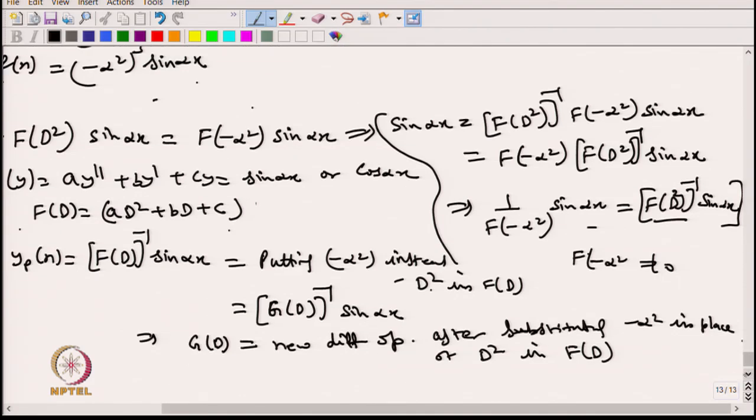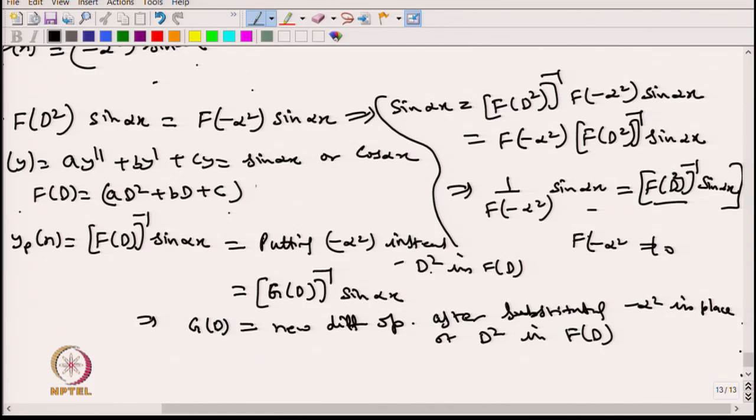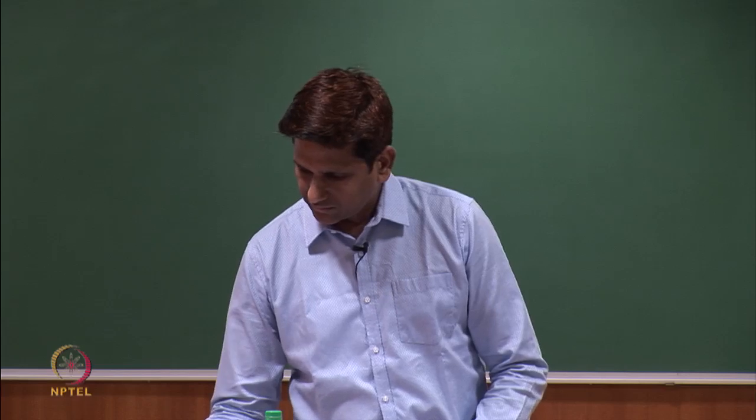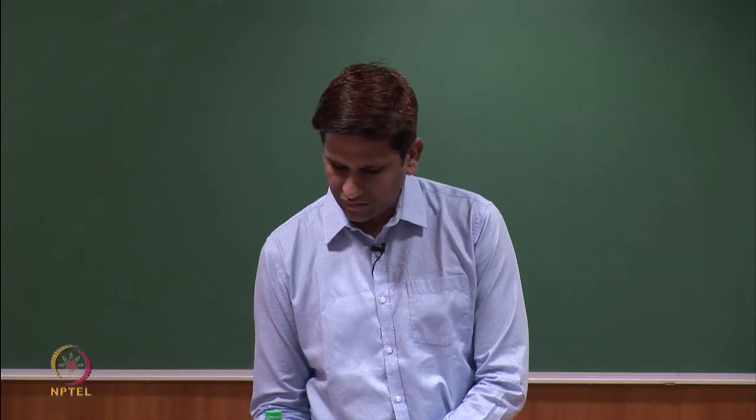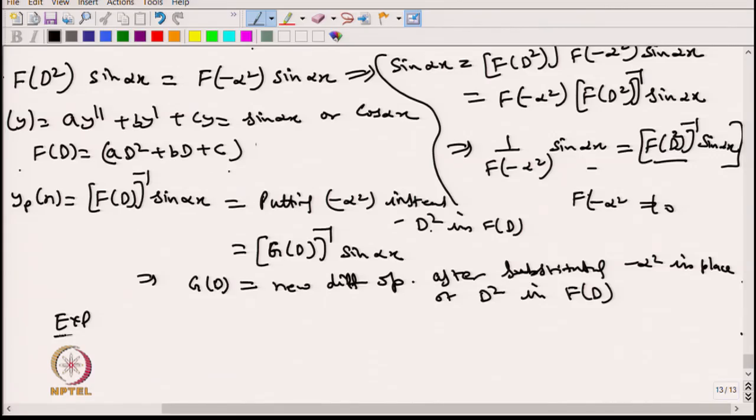So, let us take one example based on that one. Let us do one example, then it will be more clear how we can solve this one. Let us take that I have a differential equation y double dash plus 2y dash is equal to sin x.